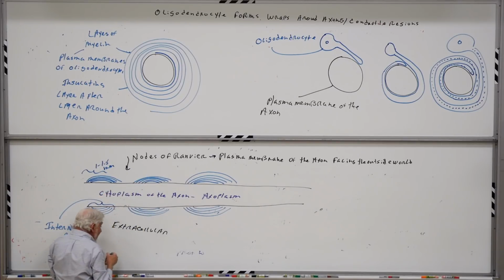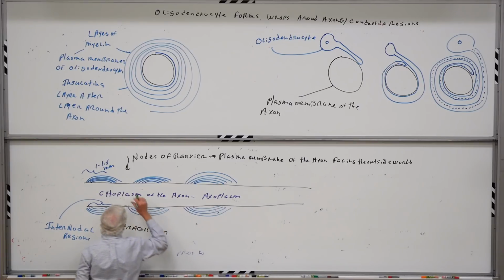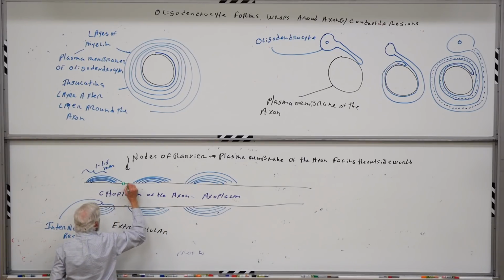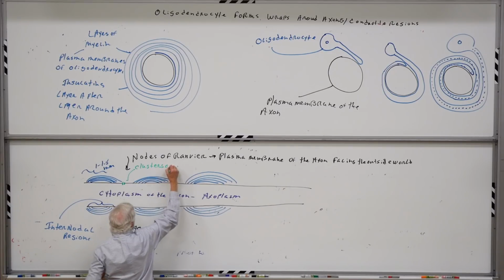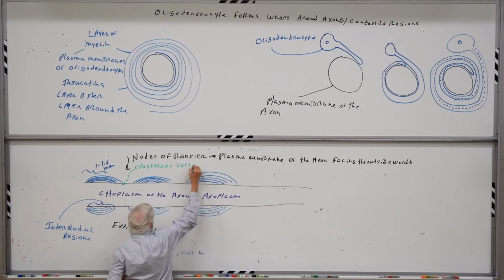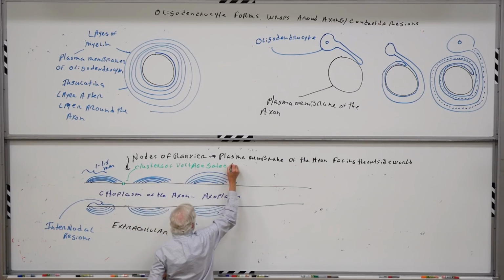Now I'll put it in here, and we'll come back to this in much more detail later. But at these so-called nodes of Ranvier, we have clusters of voltage-gated ion channels.